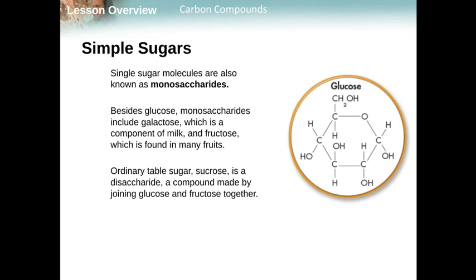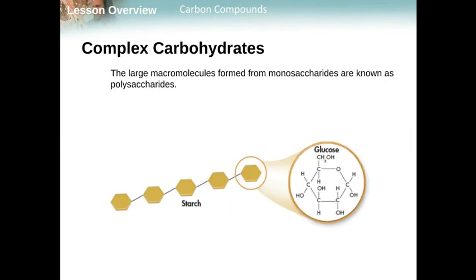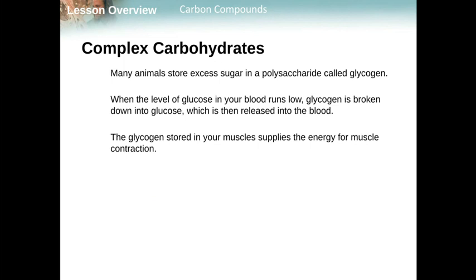It is formed when we combine one glucose molecule and one fructose molecule. So saccharide, again, sugar, di representing 2. So a 2 sugar compound. Now, the larger molecules formed are known as our polysaccharides. Polysaccharides are typically going to be 3 or more carbohydrates bonded together.